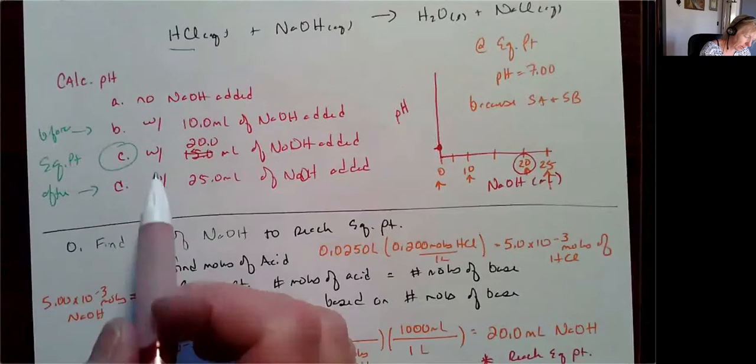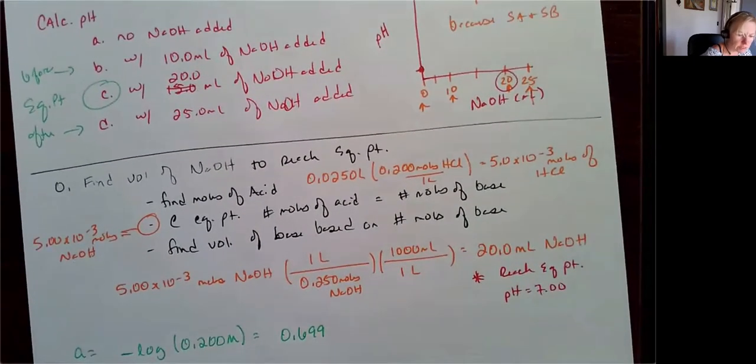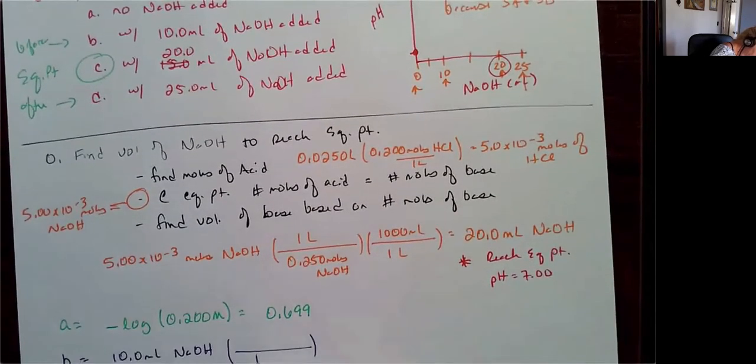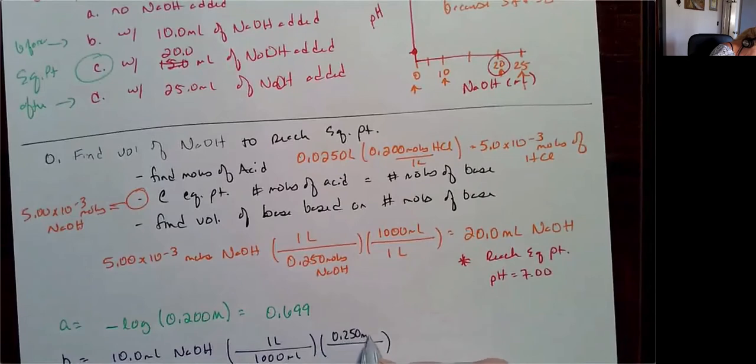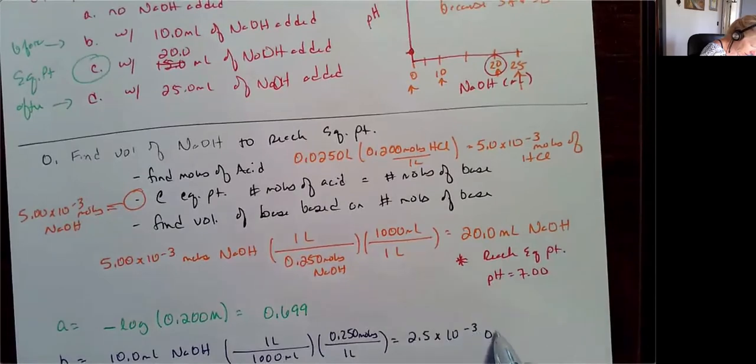Now if I want to know the pH after 10 mL, to get to B, I'm going to have to find how many moles of base I'm adding in. I'm going to divide by 1,000 to get it into liters, and then multiply that by my concentration of sodium hydroxide, and that's going to give me moles of hydroxide.